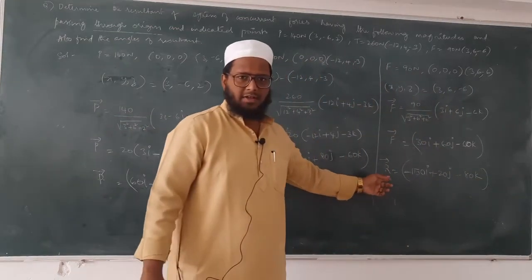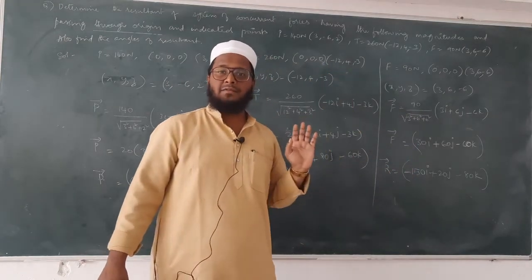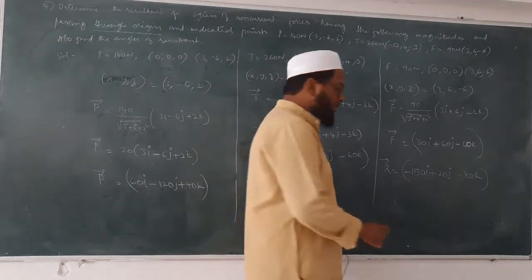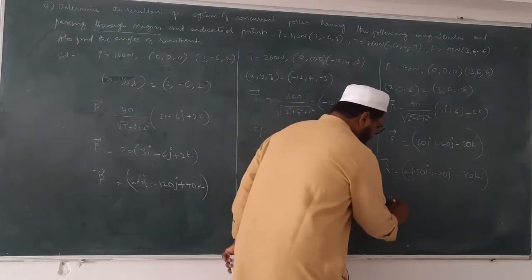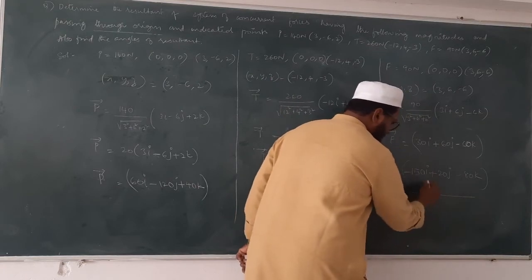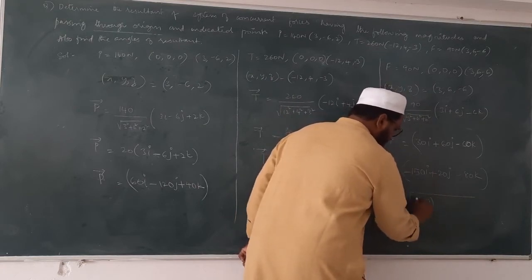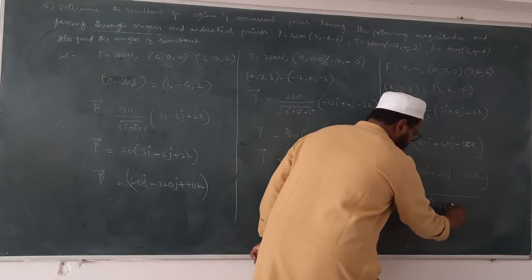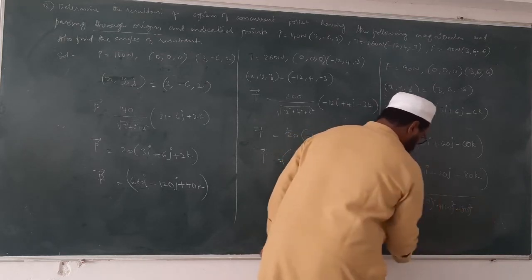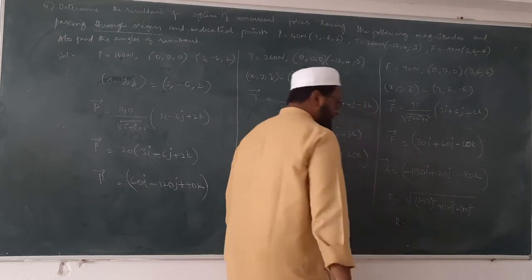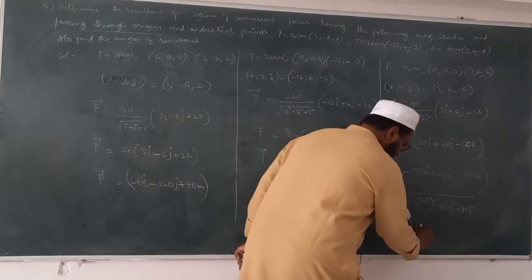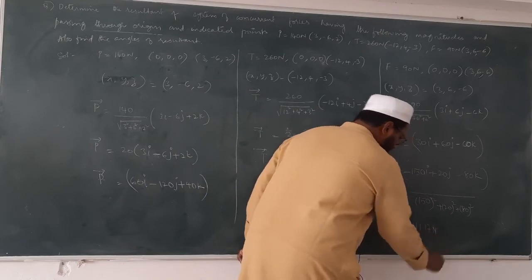We got resultant. Okay. If you want the exact value of resultant, then what do we have to do? R is equal to under root 150 square plus 20 square plus 80 square. What is the resultant now? 117 newtons.